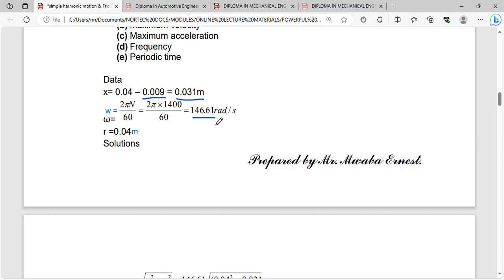Again, I don't know if you have a calculator where you are. Do you have a calculator there? Yeah, 2 pi times 1,400. Yes, sir. Great.